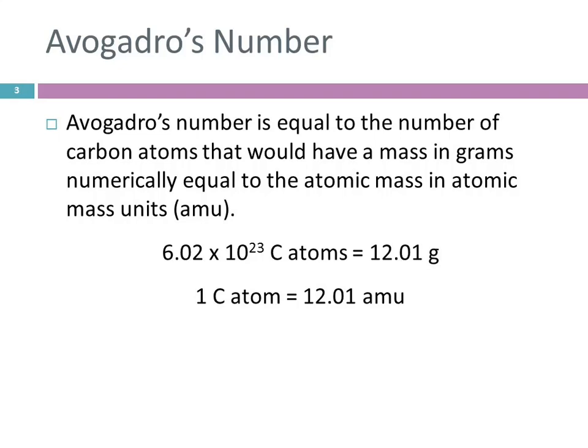So where did we get this number from? Avogadro's number is equal to the number of carbon atoms that would have a mass in grams numerically equal to the atomic mass in atomic mass units. Now that probably doesn't make a lot of sense. Avogadro's number was chosen to make things convenient.